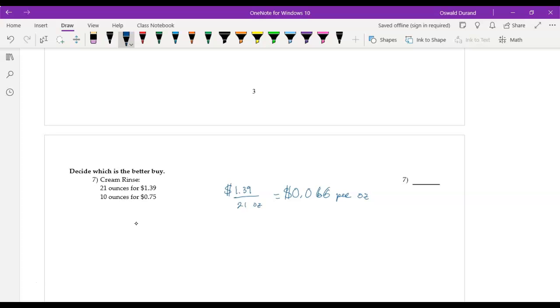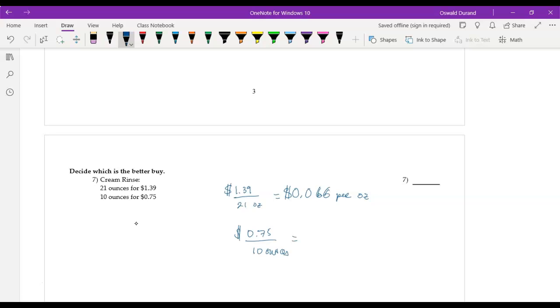Okay? And let's look at the other one. 0.75 or 75 cents over 10 ounces. All right. So just by looking at it, you would think maybe the 75 cents would be the better price.